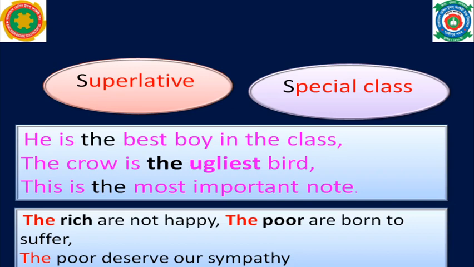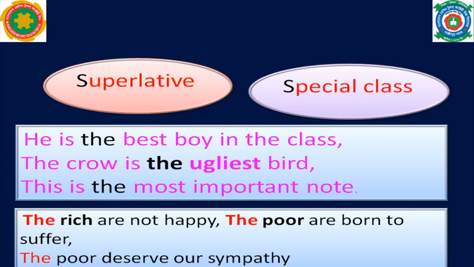So you have to always use the before the superlative form. He is the best boy in the class. In the same way, the crow is the ugliest bird. Ugly, uglier, ugliest. Ugly is the positive form, uglier the comparative form, and the superlative form with est is ugliest, right? So before the superlative form, you have to use the.